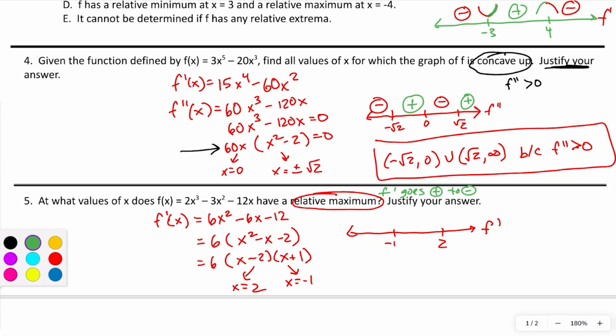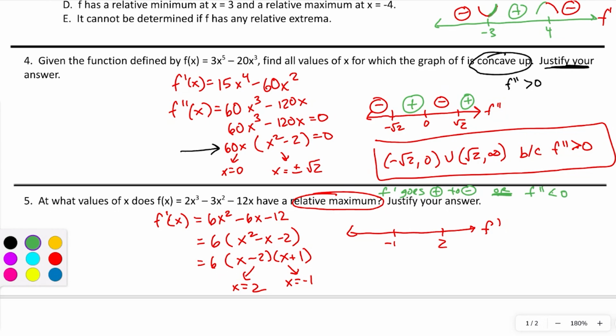And I was talking about the second derivative case. I'm going to just say, or if you use the second derivative test, you want to check to see if f double prime is negative because it's concave down. So we can check either one of these, and either one's fine. I've already got the first derivative set up here, so I'm going to go ahead and just use the first derivative test, but you could use second derivative test as well.